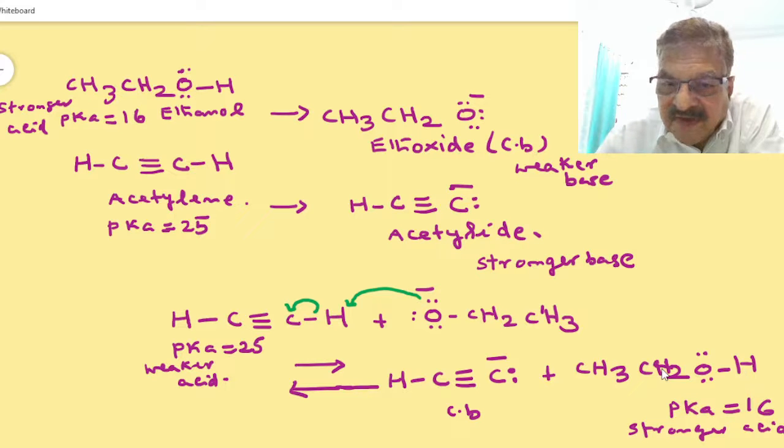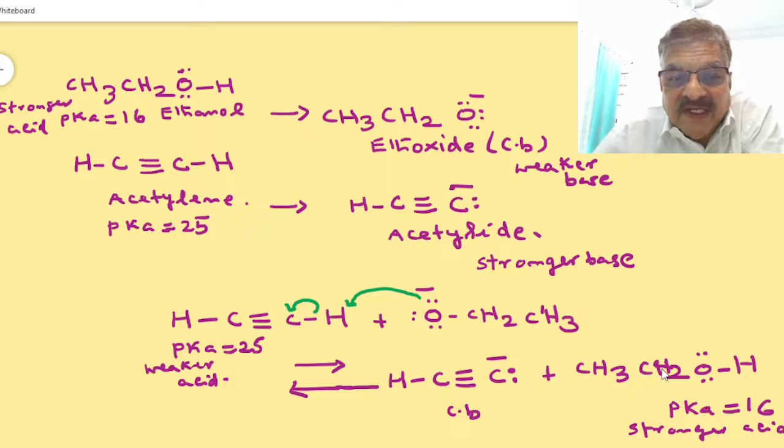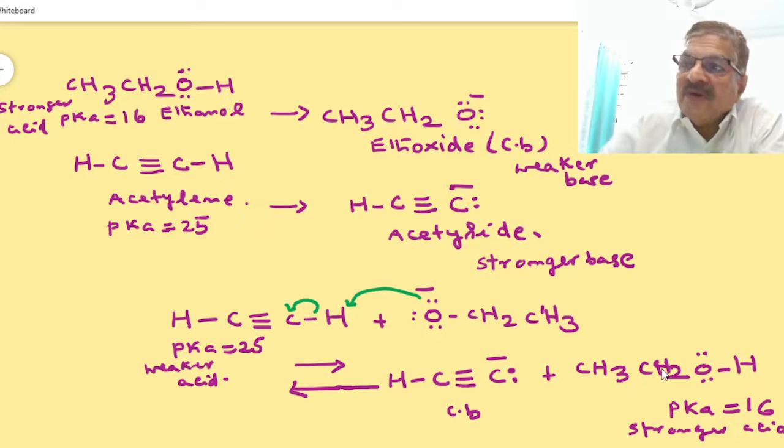It means the base ethoxide is not strong enough to deprotonate acetylene. That is the reason the reaction is proceeding in the reverse direction here. Equilibrium favors starting material here. So the base is not strong enough here.